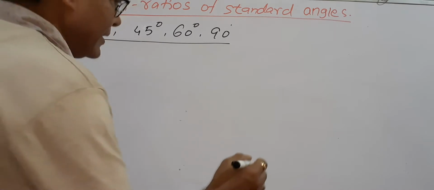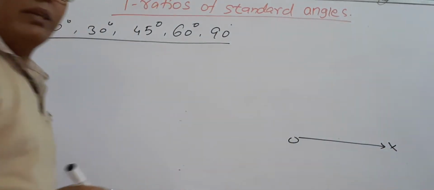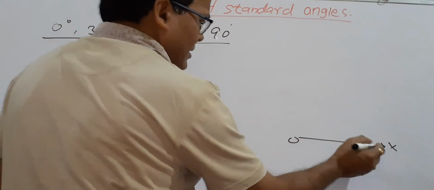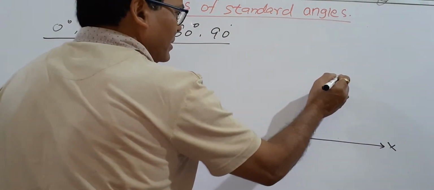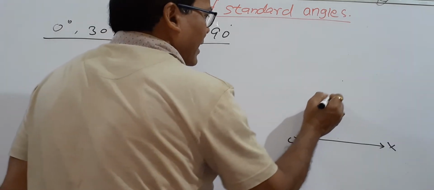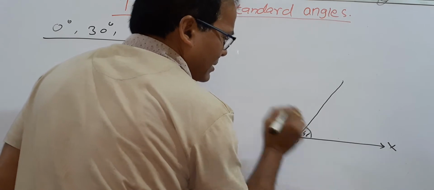So if there is any line OX, the revolving axis is OX, and after some time it moves and comes to P in such a way that it makes an angle of 45 degree. This is 45 degree.